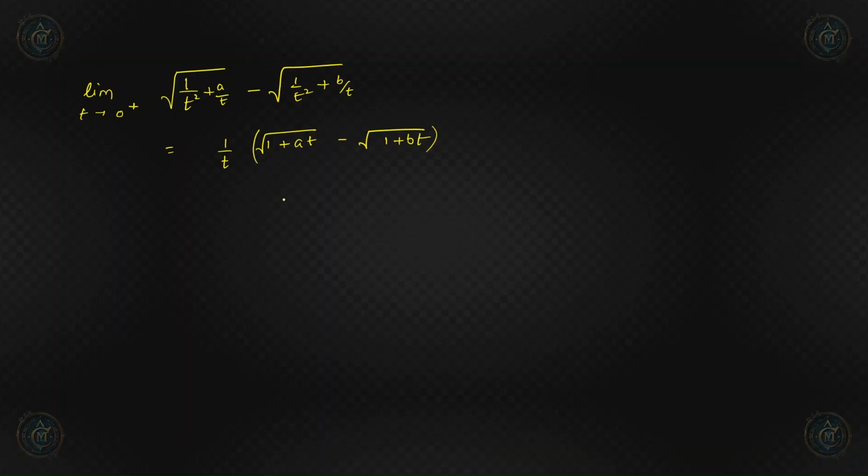This, as limit t tending to 0 plus, we can write as 1 by t, then 1 plus at by 2 minus 1 plus bt by 2, right? So this becomes a minus b by 2, right? And this is given to be equal to 5 because a minus b is 10.